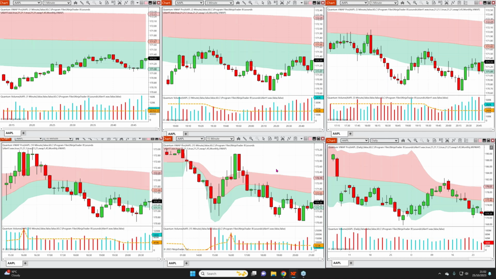What you will see a great deal, the VWAP itself is the central line, so it's the volume weighted average price. We then add these two outer envelopes, the upper envelope and the lower envelope, which are based on standard deviation. And what we're looking for is moves out to those extremes. We're looking for signals for reversals off those extremes.